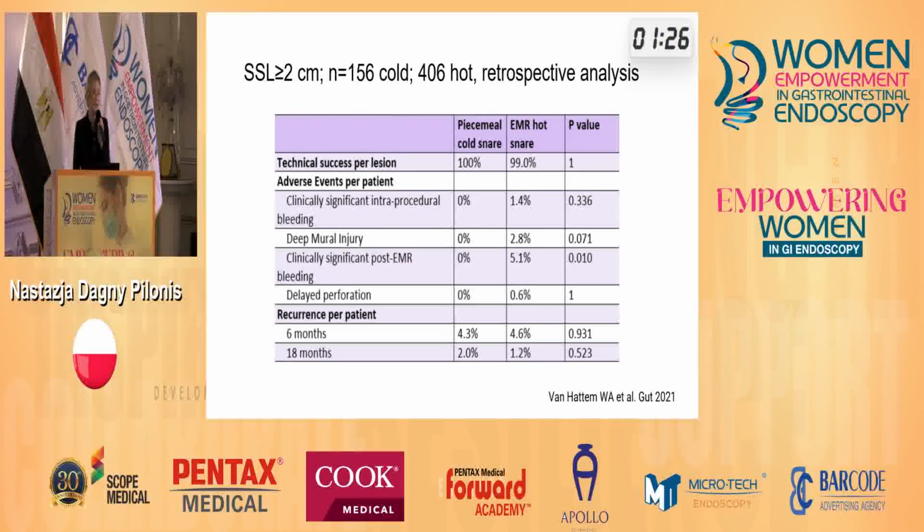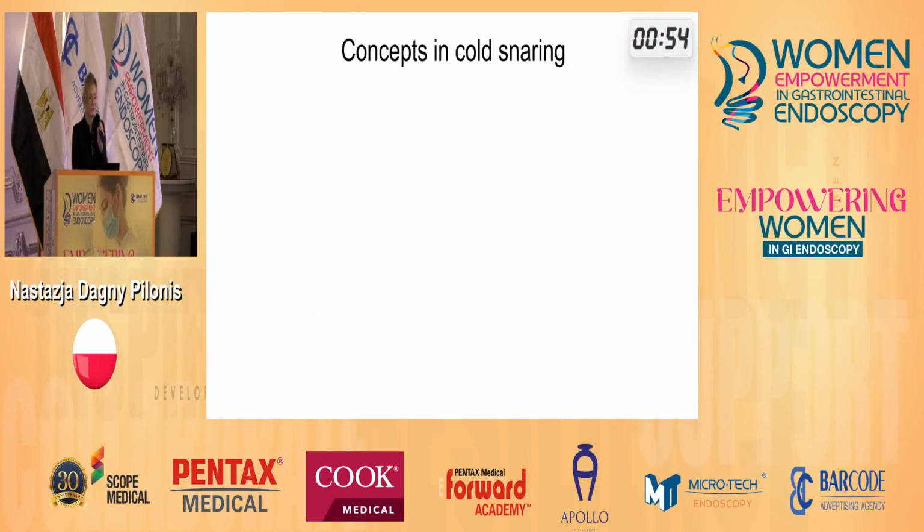When we think about EMR, there is an analysis of over 500 lesions bigger than 2 centimeters, and again a comparison between cold snare and hot snare EMR showed that cold snare was associated with significantly lower adverse event rates, especially for post-EMR bleeding, but also for deep mural injury. So I think this trends us towards cold polypectomy.